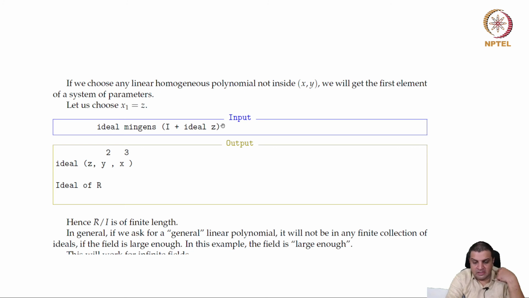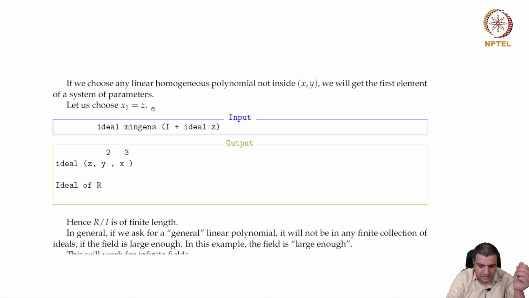So R mod (I plus z) has finite length. Therefore we just need the dimension of this ring. Again, when we say dimension of this ring, we mean dimension of this ring localized at the maximal ideal (x, y, z). We don't need to worry about homogeneity in this problem, but at the maximal ideal generated by the variables.